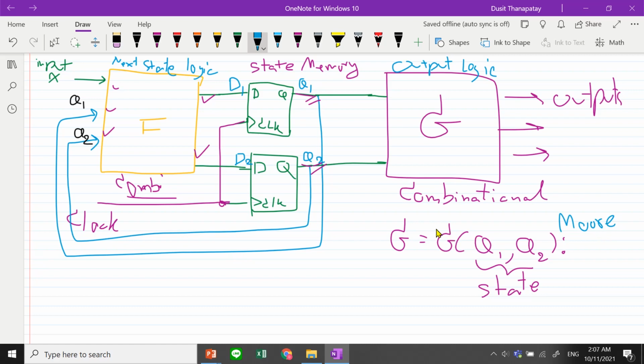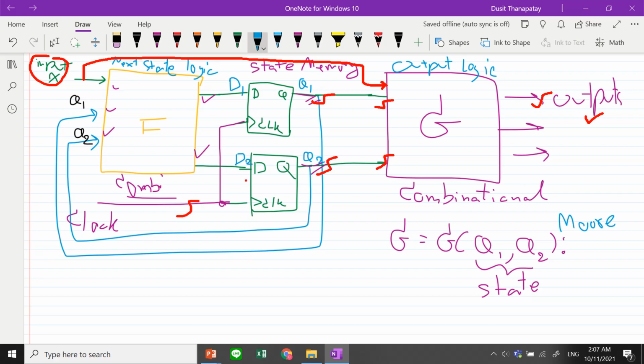But if circuit G gets input from external input too, so now what happened? When clock tick, output of flip-flop changes. That means one part of the input of circuit G changes, so its output changes.